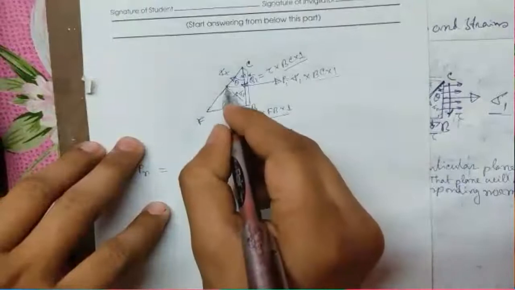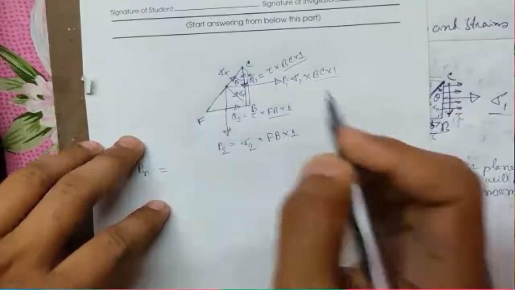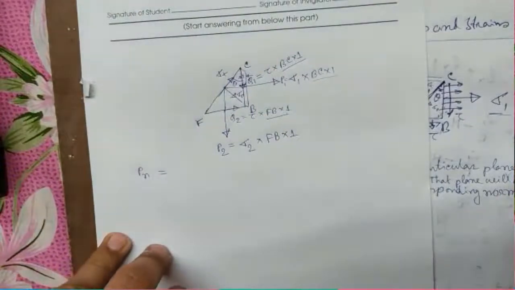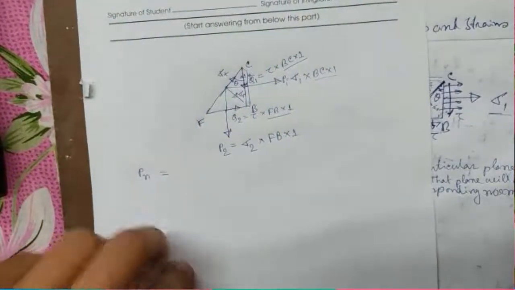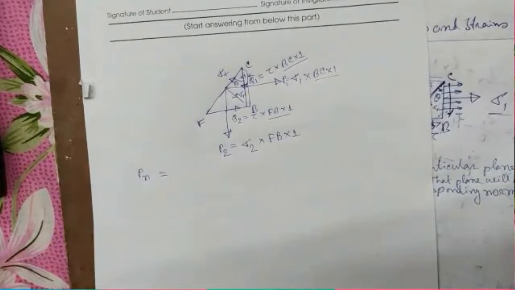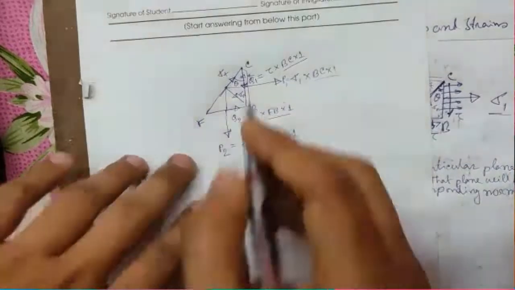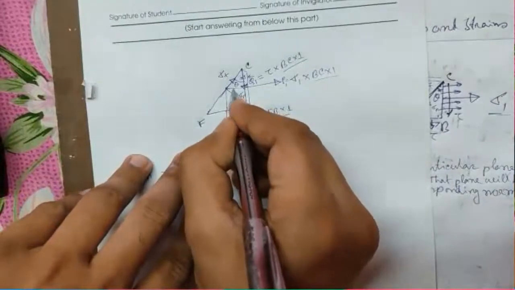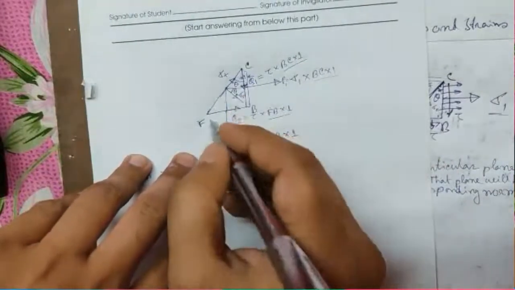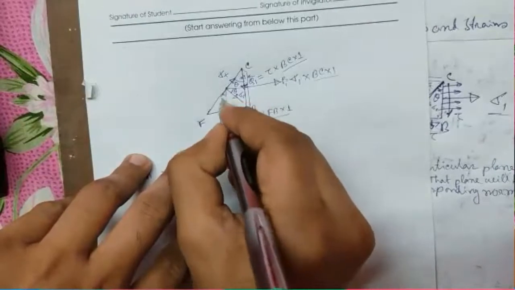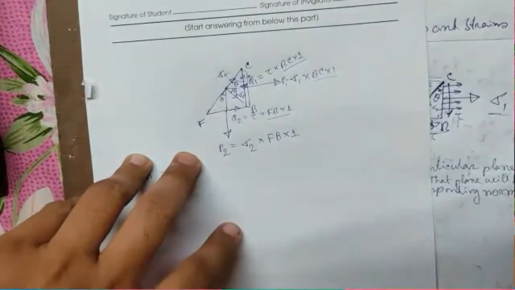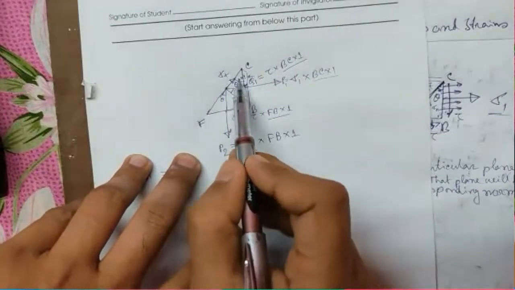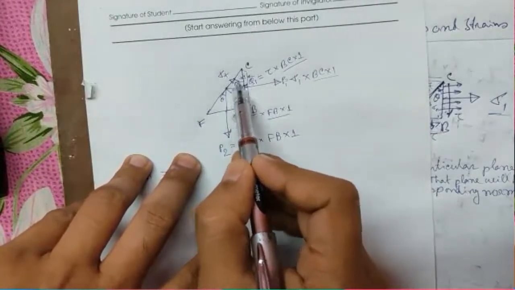So if we join these two lines, then we have to understand the thetas. If this angle is theta, this angle becomes theta and this angle becomes theta. Look at the geometry. If this angle is theta, this plus this becomes 90.